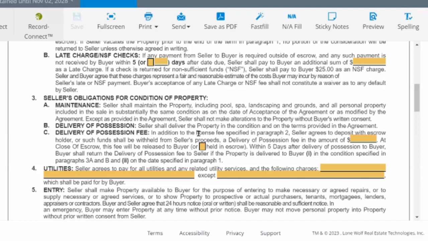So this is saying that, yes, Mr. and Mrs. Seller, I will let you stay in the house after we close escrow, but I want escrow to hold X amount of dollars, let's say $5,000, so that I can guarantee that you move out when you're supposed to, and you leave the house in the condition that you're supposed to. And so again, if you do that, I would have that held in escrow. And so that's something to consider doing. Any questions on that?